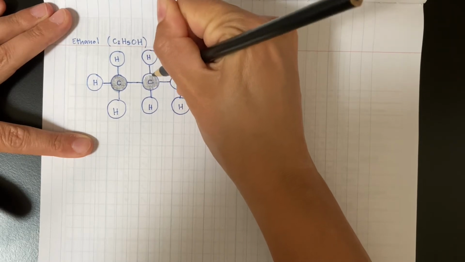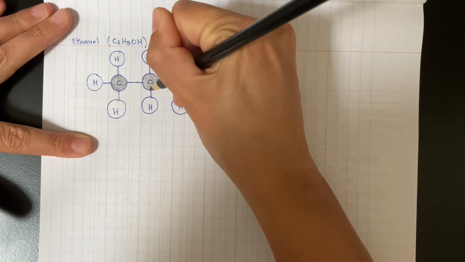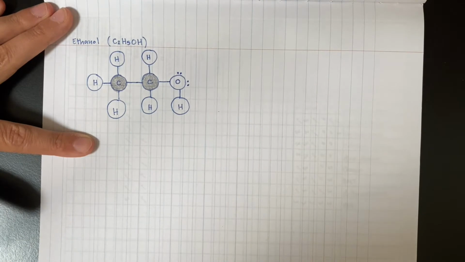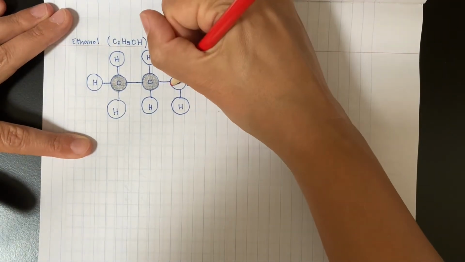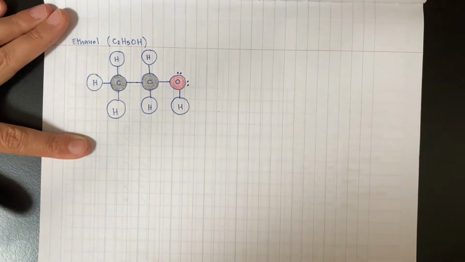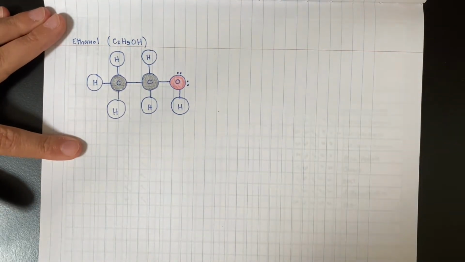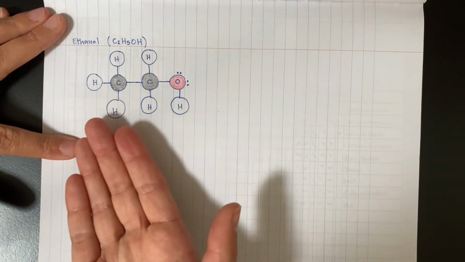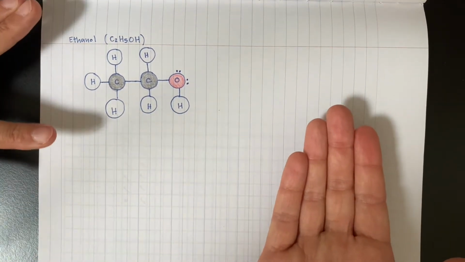That's just going to be helpful for you to remember. Oxygen is red. And then hydrogen is white. And I don't know how to draw white, so I'm just going to leave it as is on my page.